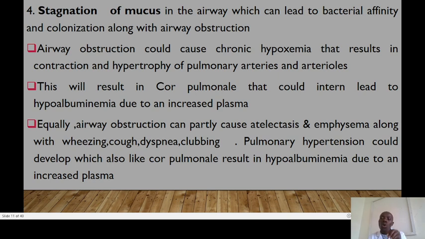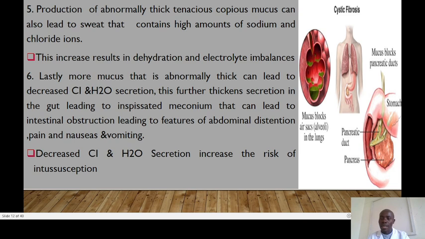This will also result in cor pulmonale, which could in turn lead to hypoalbuminemia, leading to an increased plasma. Equally, airway obstruction can partly cause atelectasis and emphysema, along with wheezing, cough, dyspnea, clubbing. So pulmonary hypertension could develop, which can also, just like cor pulmonale, result in hypoalbuminemia due to an increased plasma.